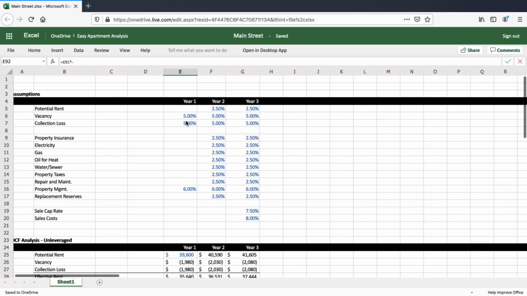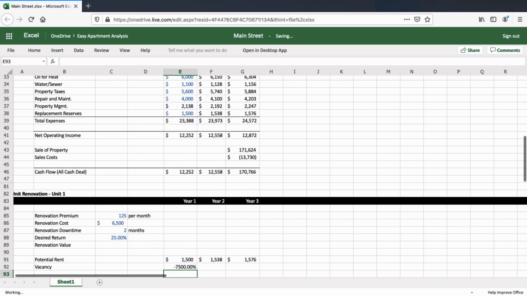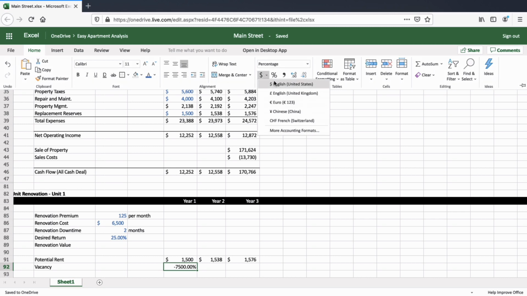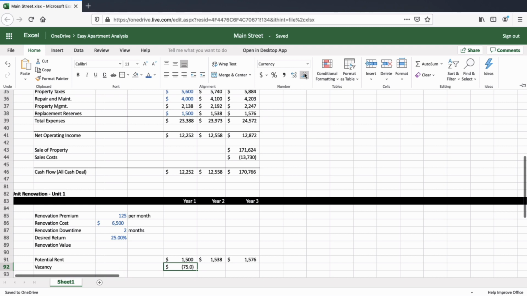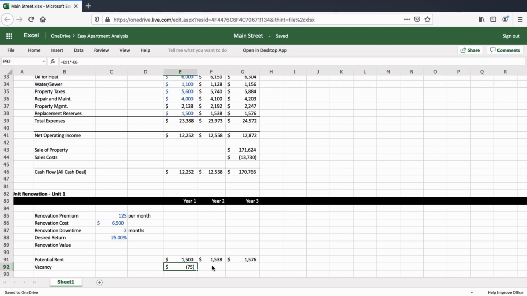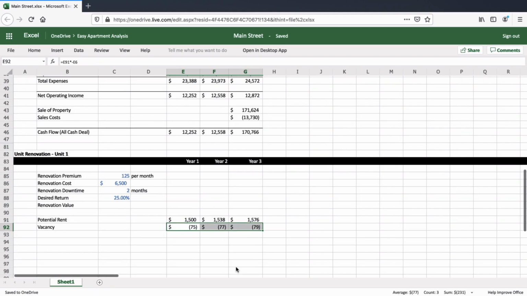I'm going to reuse the vacancy from the unleveraged discounted cash flow analysis we did before. For some odd reason that showed up as a percent. Let's change that to dollars, get rid of the decimal places, and we can do the same thing and drag that across. And there's our vacancy.